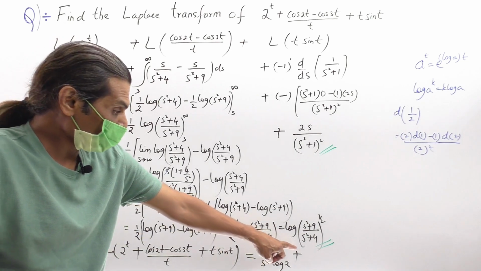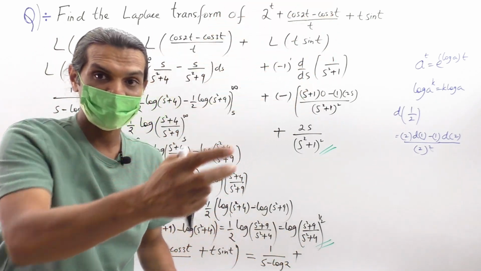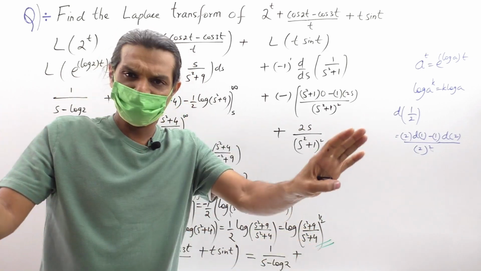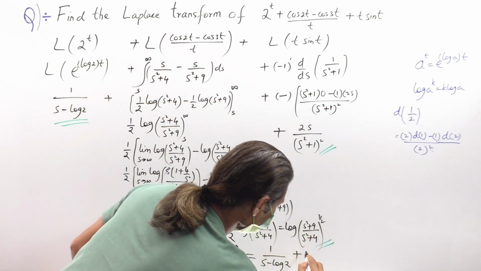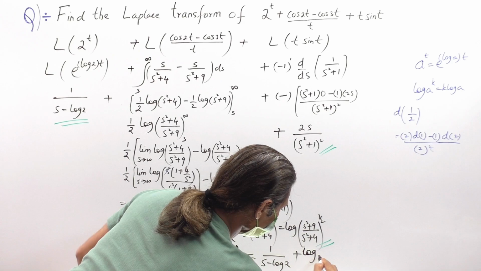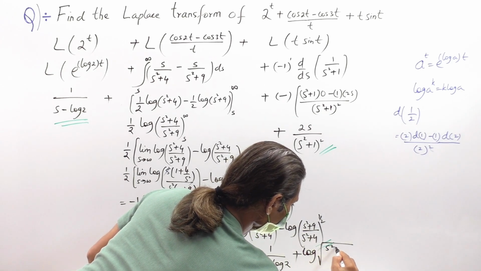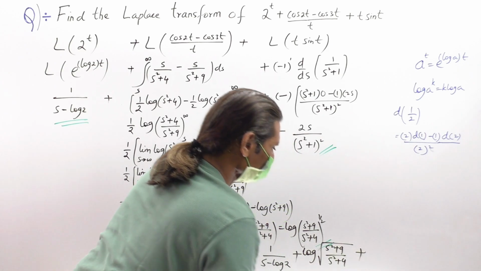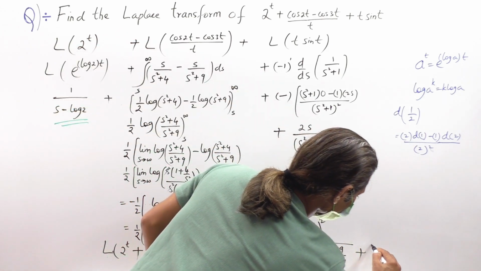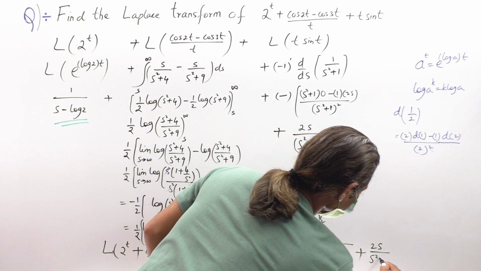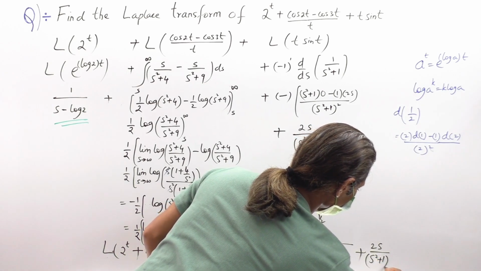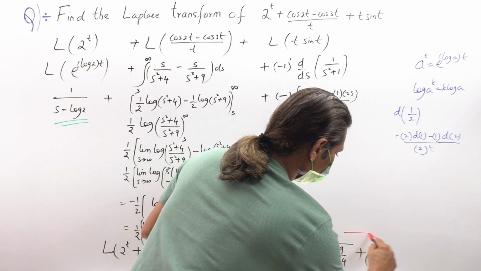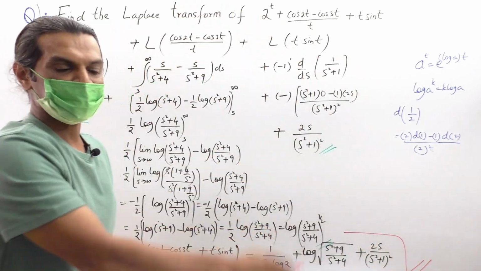What does that mean? Anything raised to 1 by 2 means root. You can keep it as it is, no issue, this is the correct answer. But in the more standard form, you can write it as log of root of (s square plus 9 upon s square plus 4) plus finally 2s upon (s square plus 1) the whole square. This is the final answer. That's all.